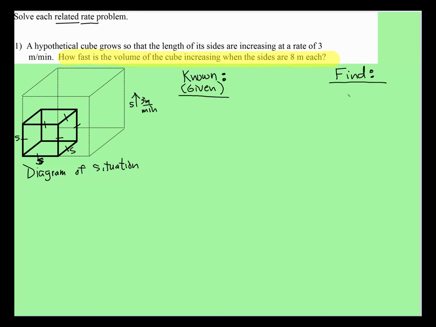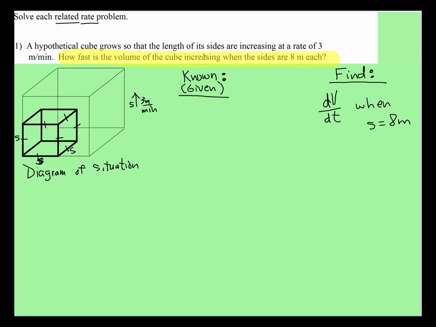Next, I'm going to write what we're finding. How fast is the volume of the cube increasing? Since it's a rate, we need to find dV/dt when the sides are 8 meters. So what do we know?